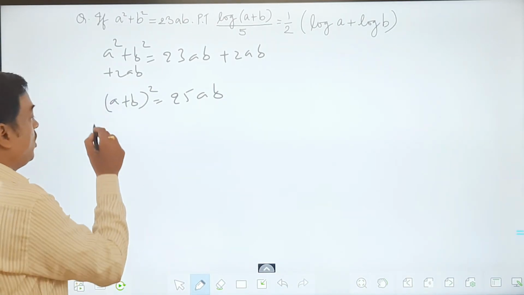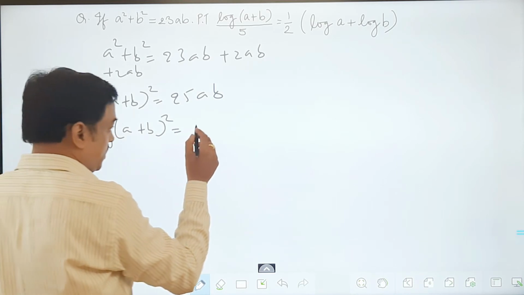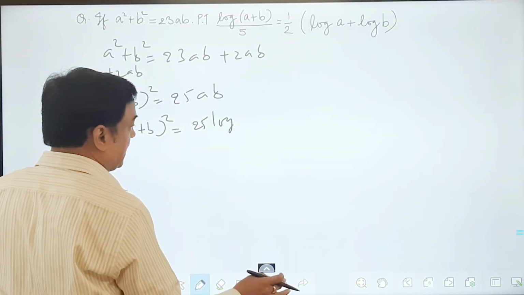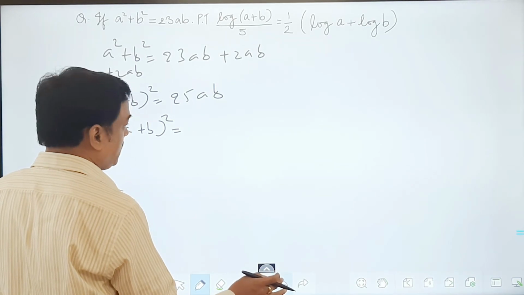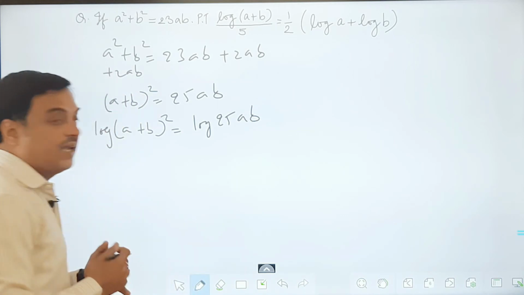And then applying log on both sides, log of a plus b whole square is equal to log 25ab is what you get here.